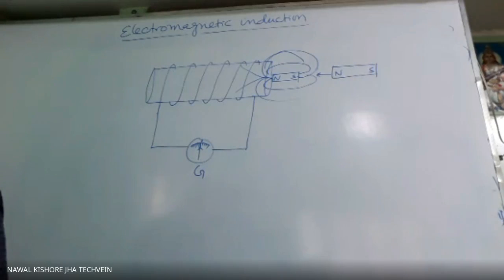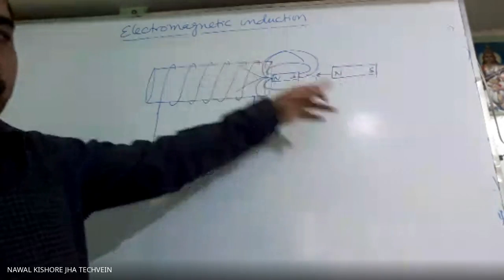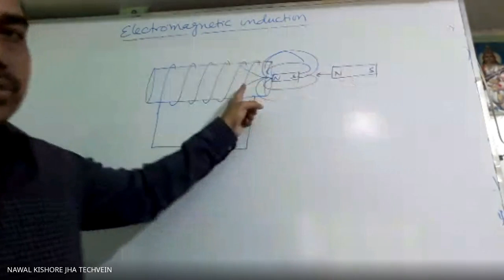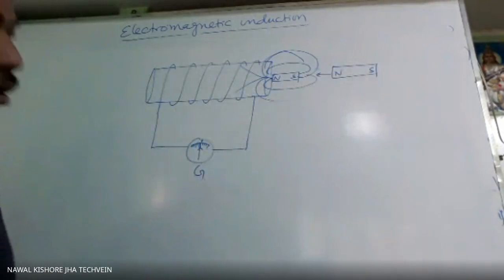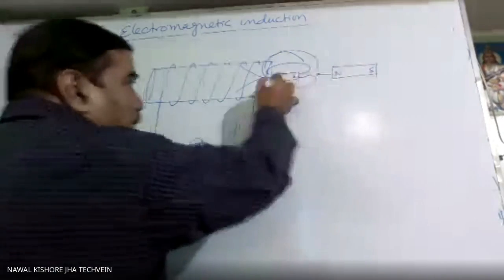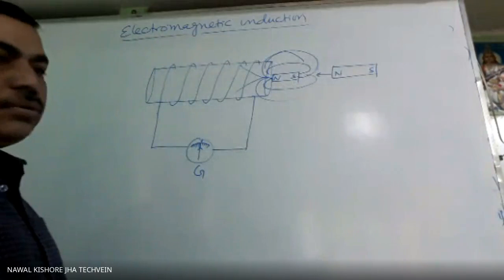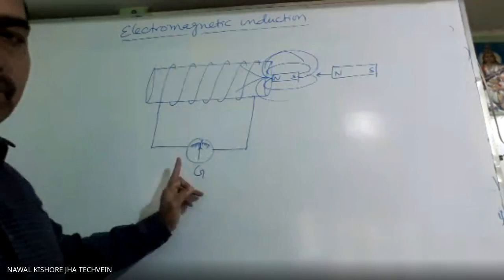It was observed that whenever there is relative motion between the magnet and the solenoid, a deflection was observed. Now when this magnet is brought here and left at this place only, the deflection will become 0. Why is it so?